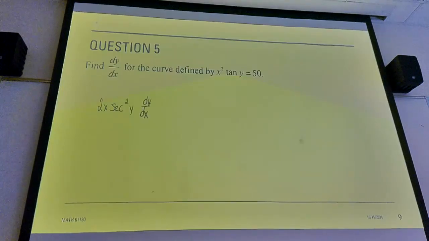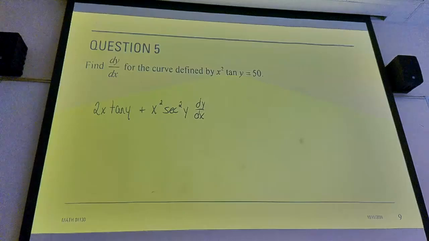That? Yes. You misapplied the rule. 2x times tan y plus x squared times secant squared y times dy/dx. That's it.